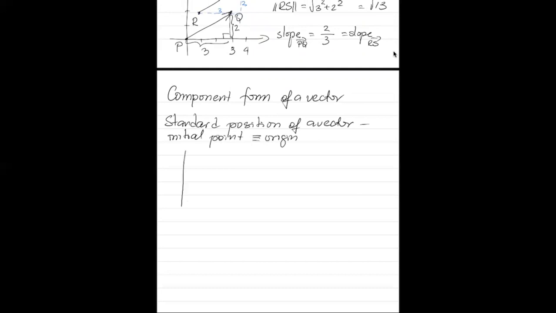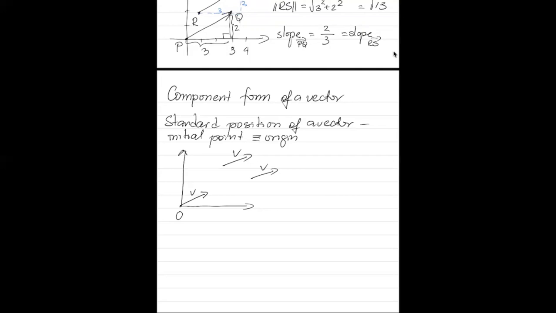So let's draw a picture. I can draw a vector v anywhere. So these are all equivalent vectors as long as they have the same direction and the same magnitude. But what is really helpful is if I can draw the vector v with the initial point at the origin. So we say this vector v is in the standard position.